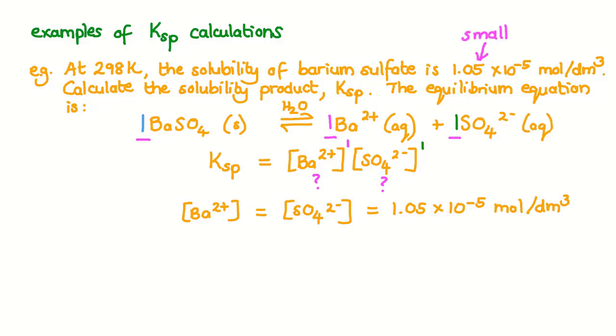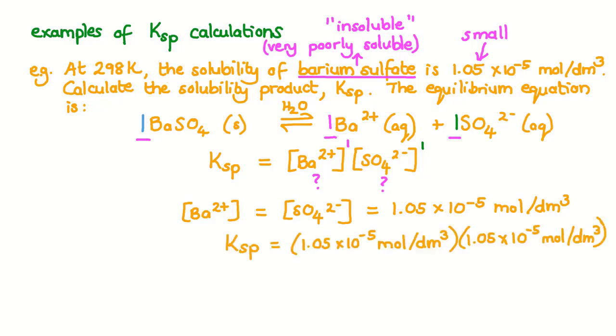This is a small solubility value because barium sulfate is insoluble in water, or more technically correct, very poorly soluble. So substituting the solubility value into the equation, we get an answer of 1.10 times 10 to the negative 10. Note that the units also multiply with each other, giving us the strange unit in the answer.